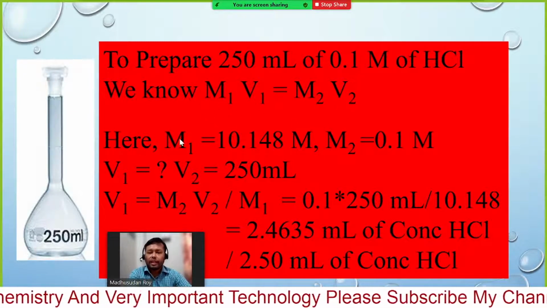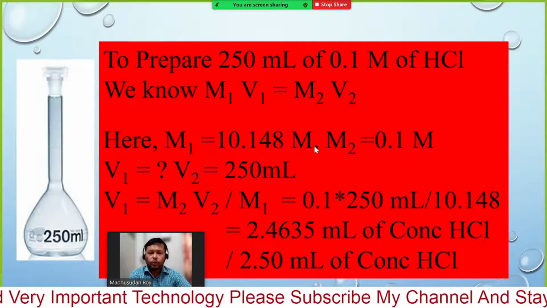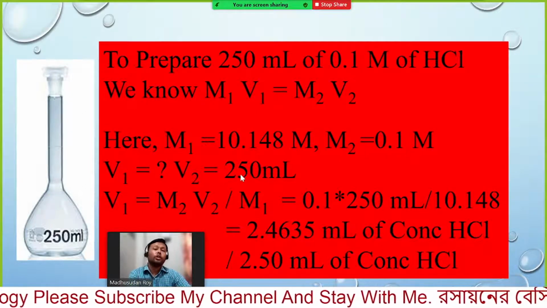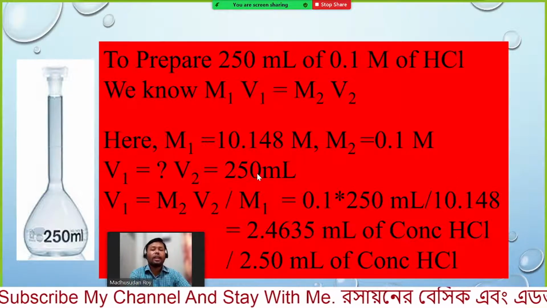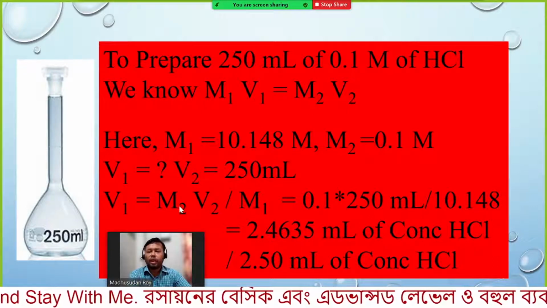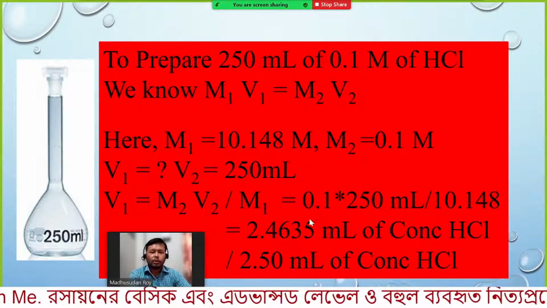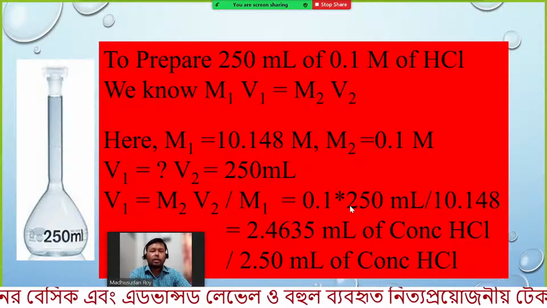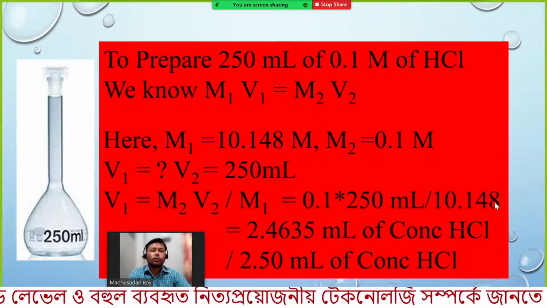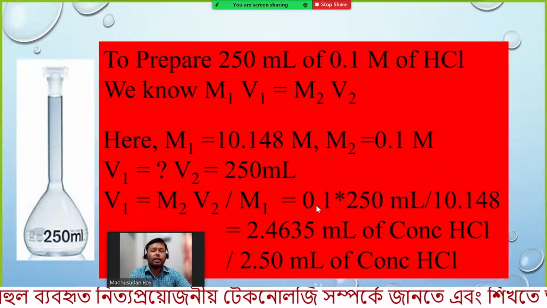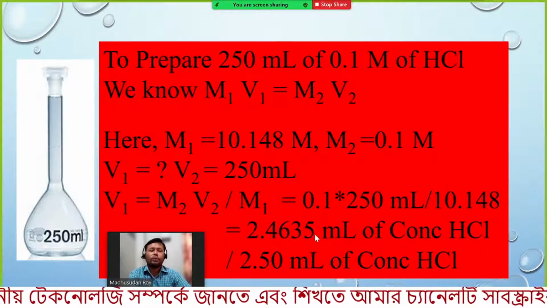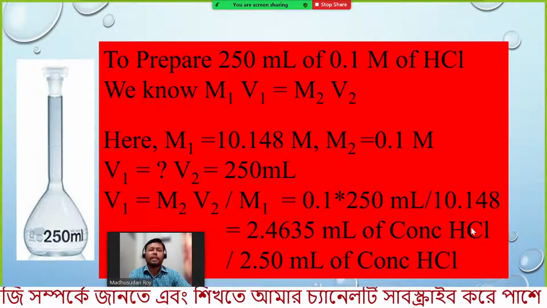Here M1 equals 10.148, M2 equals 0.1, V1 is what you need to find, and V2 equals 250 ml. Therefore V1 equals M2V2 divided by M1, which is 0.1 multiplied by 250 ml divided by 10.148. Using a calculator, you will get 2.4635 milliliter of concentrated hydrochloric acid.